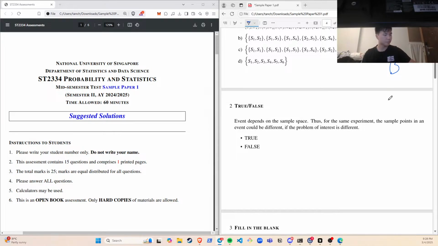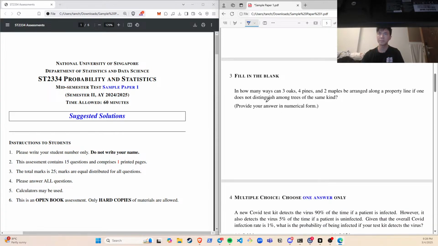I actually don't really know. I feel like I should probably revise the definitions. I'm gonna put a question mark for this. Probably go for false. I'll probably go for true in an exam.